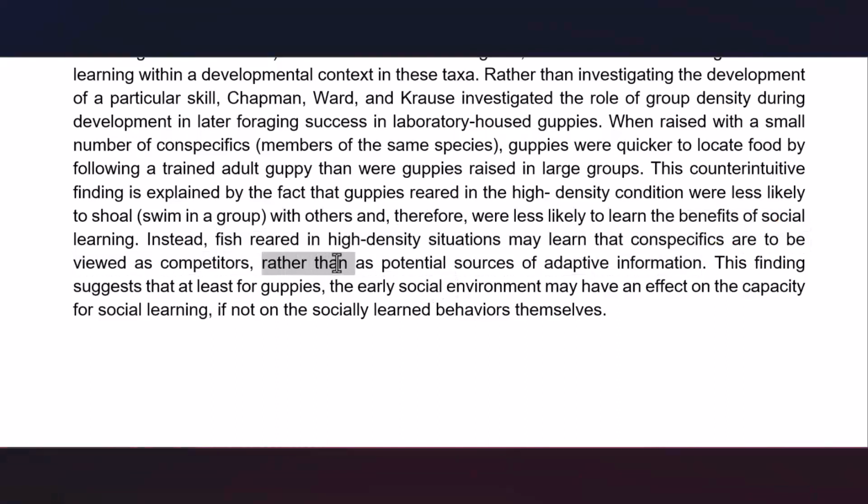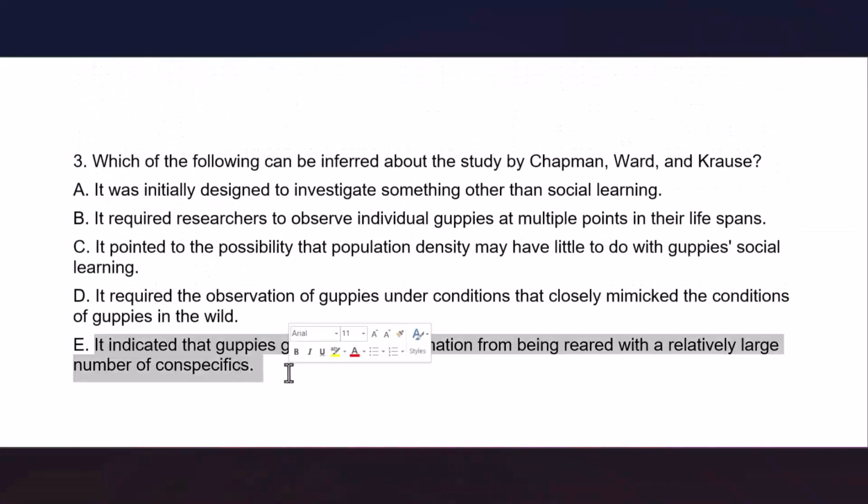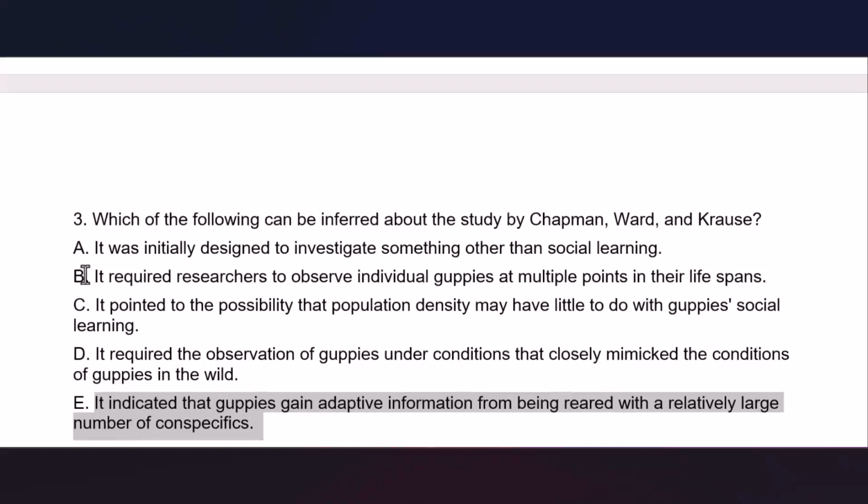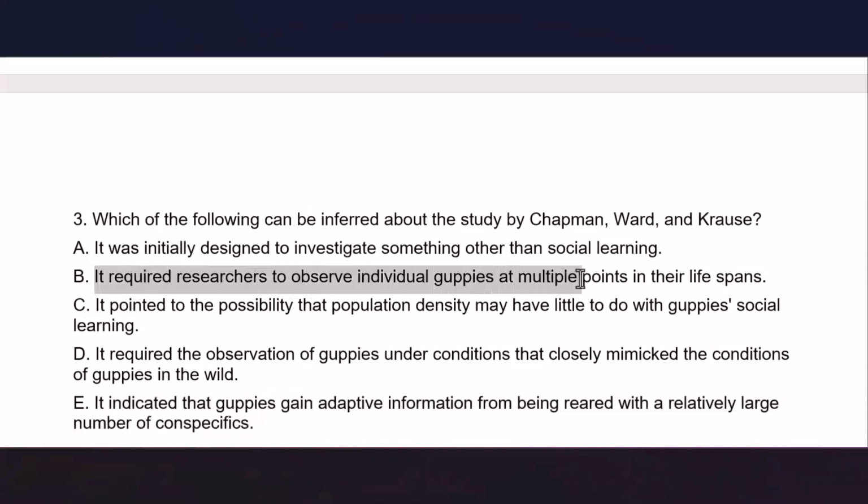"Rather than" makes a comparison, and we understand that fish reared in high density situations see their conspecifics as their competitors rather than as potential sources of adaptive information. So option E is incorrect. And we choose option B as the correct one. This is the correct option.